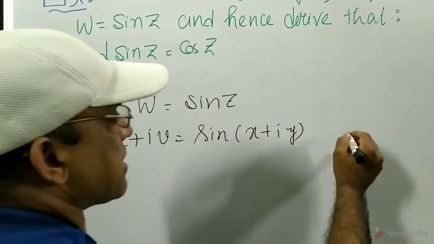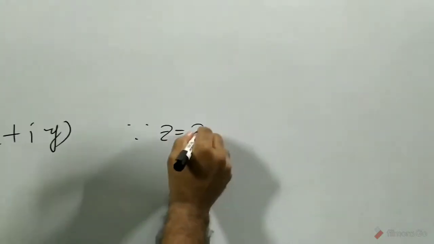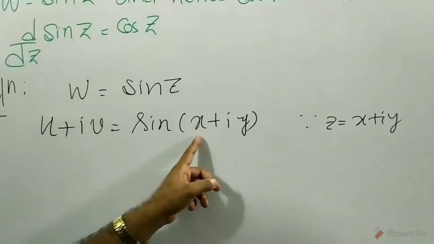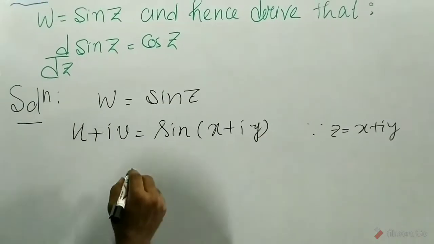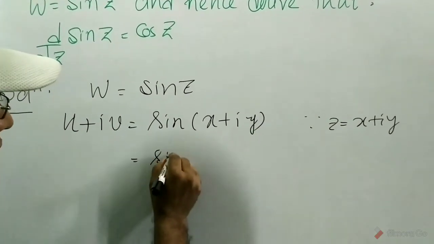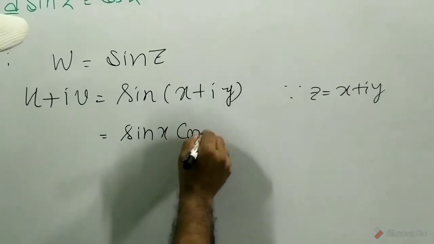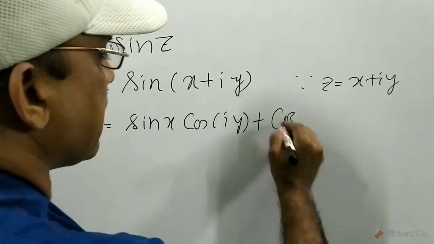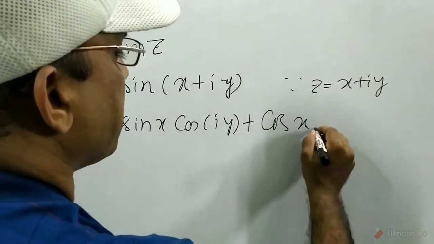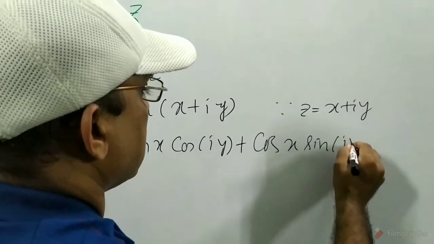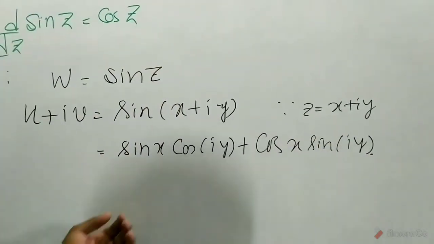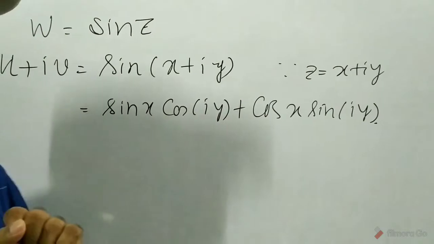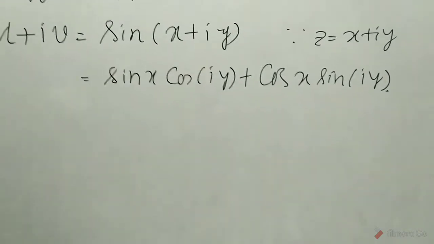So we use the sin (a plus b) formula: sin(a plus b) equals sin a cos b plus cos a sin b. So we know this formula.